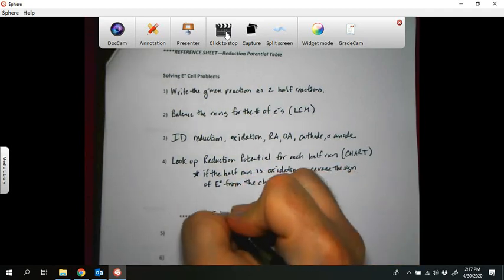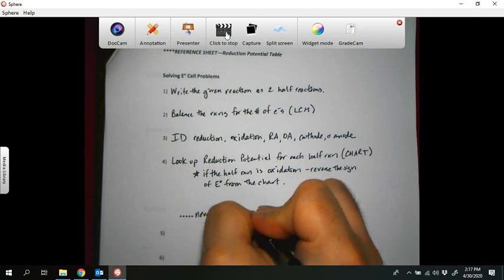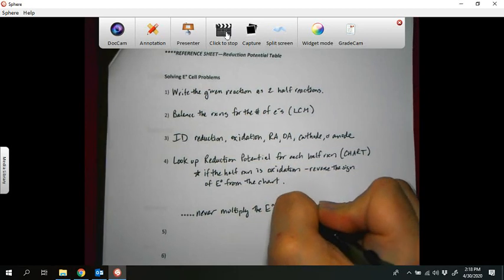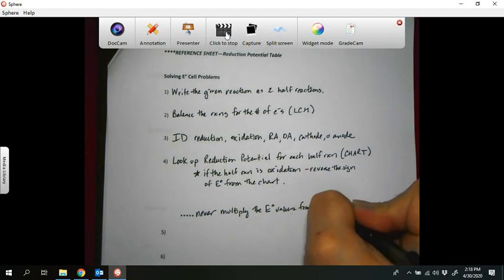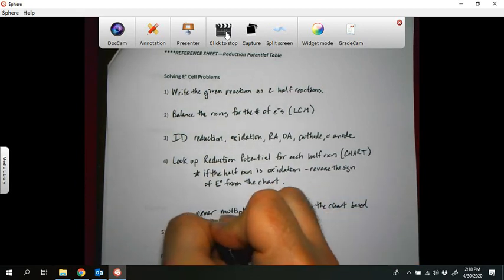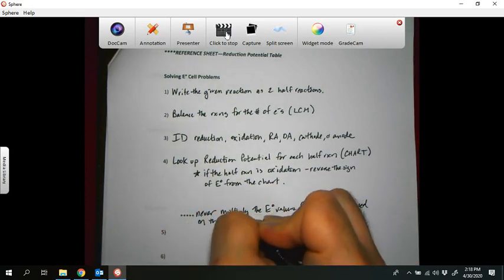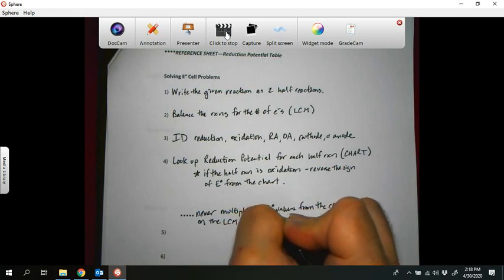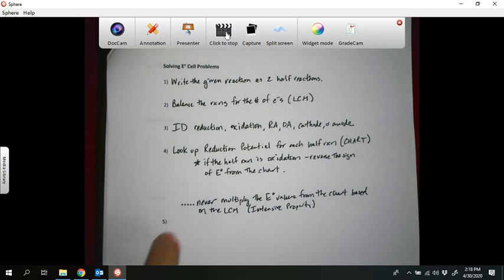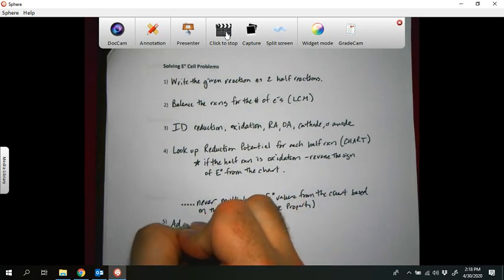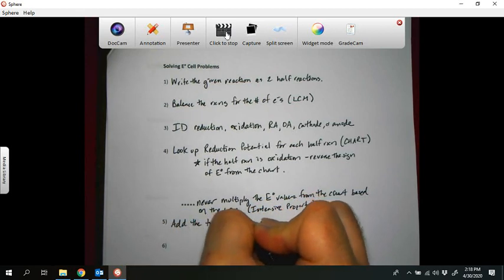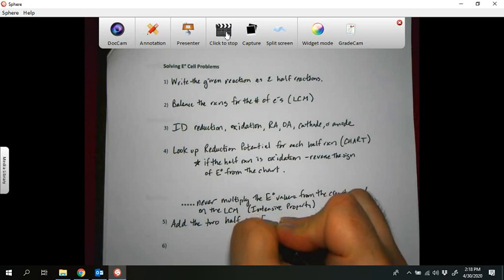Never multiply the E prime values from the chart based on the LCM. This is an intensive property. So our fifth step is we just add the two half reaction E prime values.